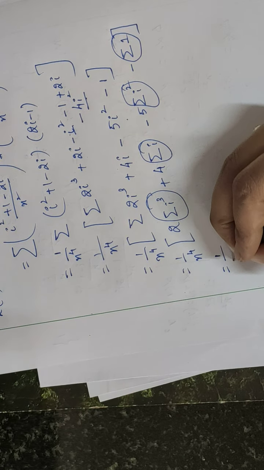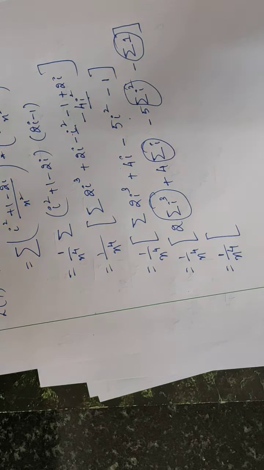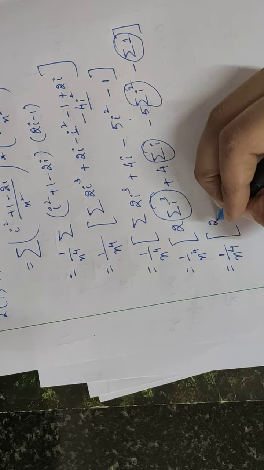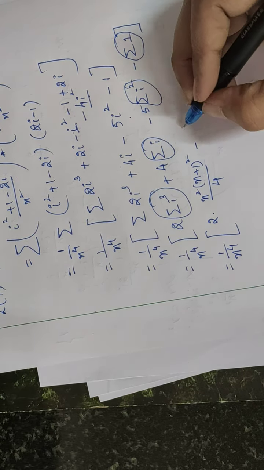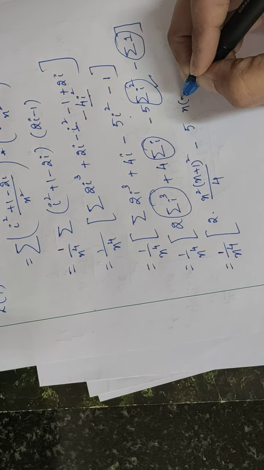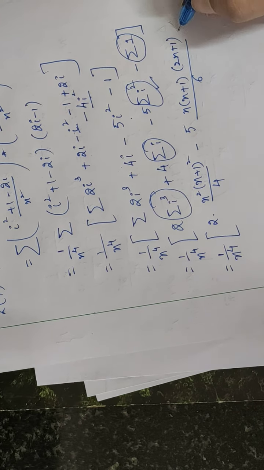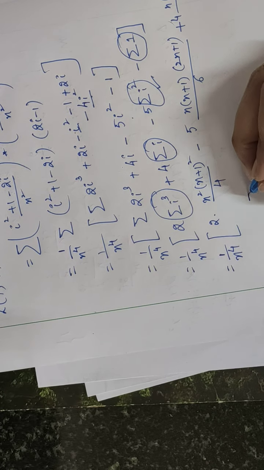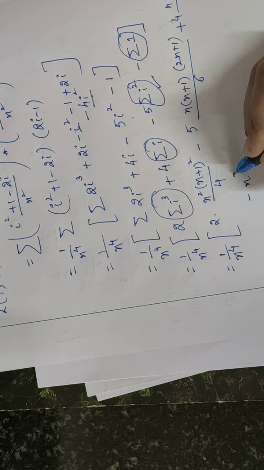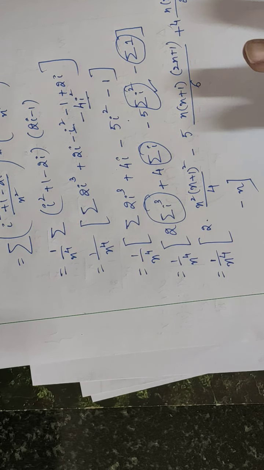So you will get 1 over n power 4 into 2 into n square (n plus 1) the whole square by 4, minus 5 into n (n plus 1)(2n plus 1) divided by 6, plus 4n (n plus 1) by 2, minus n. Right? So now we have to simplify this.